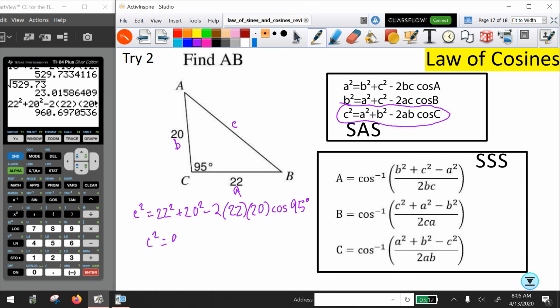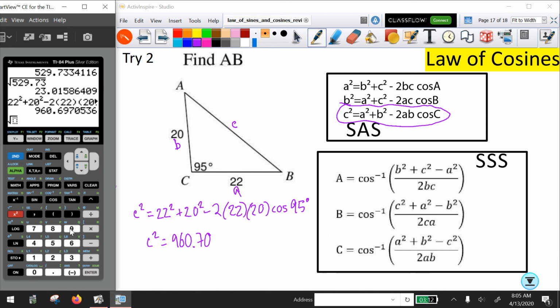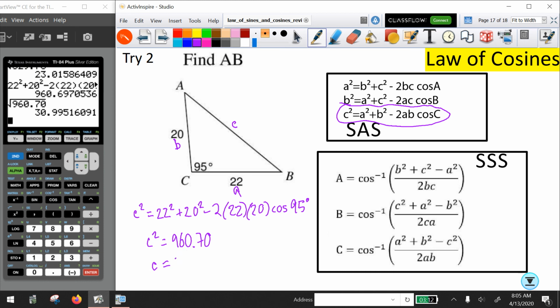C squared is equal to 960.70, and we're going to go ahead and take the square root. And we get 31.0, if I rounded correctly, as our side length for C.